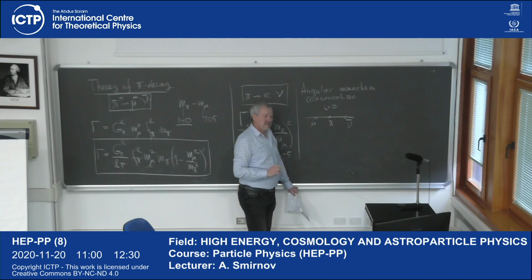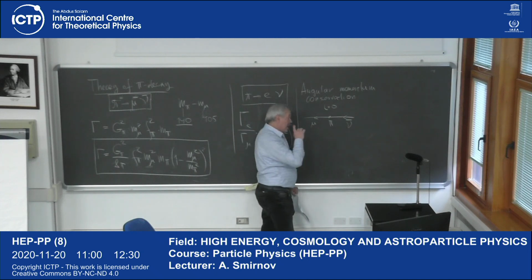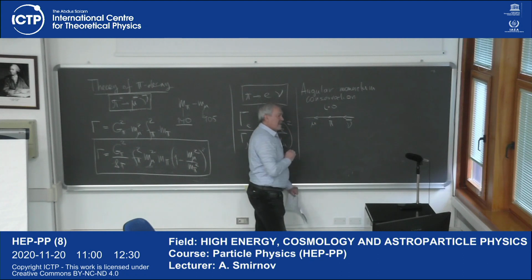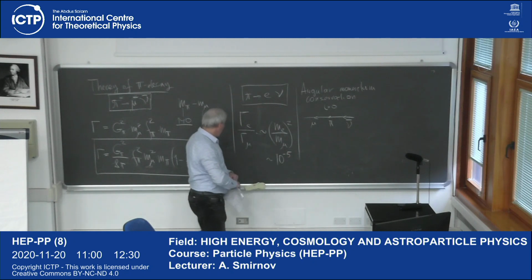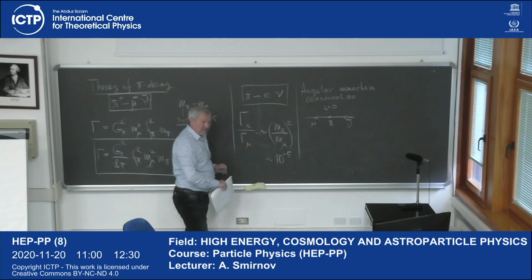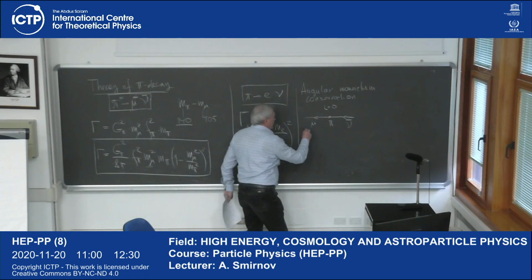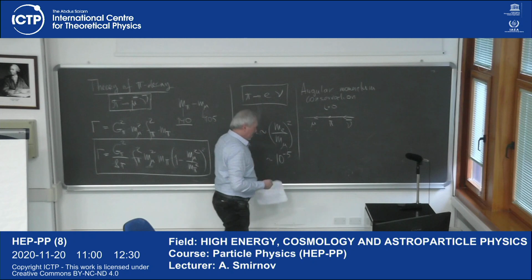Just making this consideration, and from the condition that the total spin in the final state should also be 0, what is important is that you need to take into account the correct helicity of this particle, and therefore that leads to the appearance of this mass of the lepton. So you will check this.